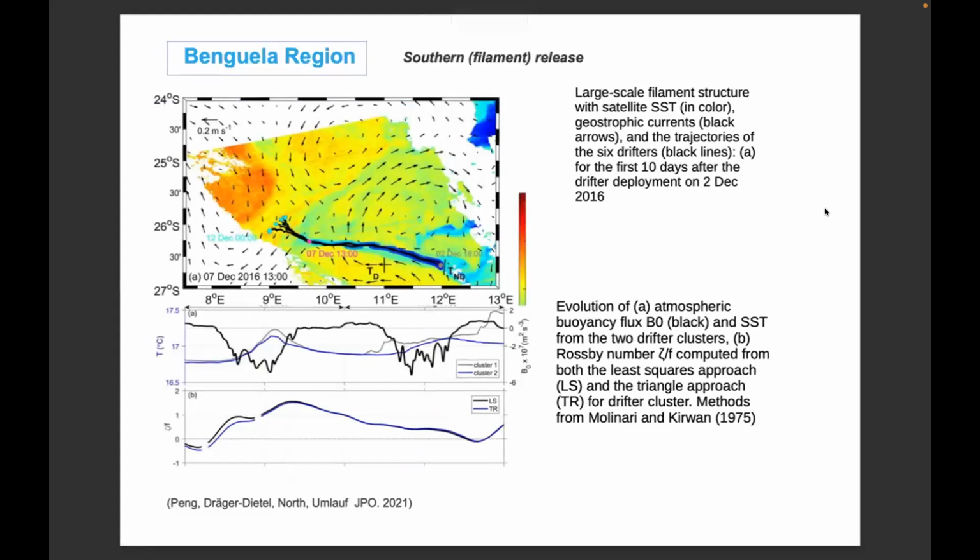This is the other bunch which we analyzed. Roughly speaking, we look at triplets and how they change their size. From this we can derive vorticity divided by f, the Rossby number, and then we have signatures of strong ageostrophic contributions.